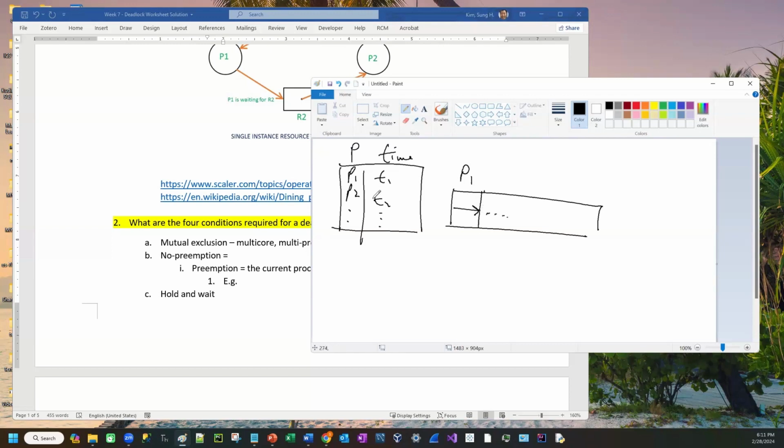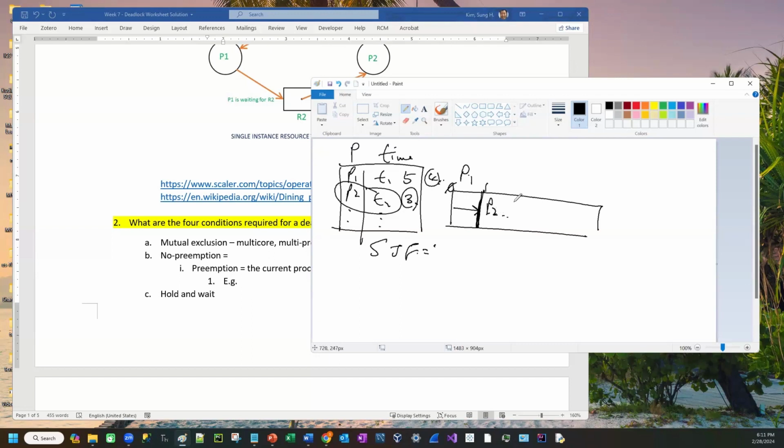And then if P2 comes, if the strategy was shortest job first, and let's say this is a 5 here, at T equals 1, it only needs 4 more, right? But if this right here is a 3, and 3 is shorter than 4, then P1 gets interrupted and stops, and P2 goes in here.